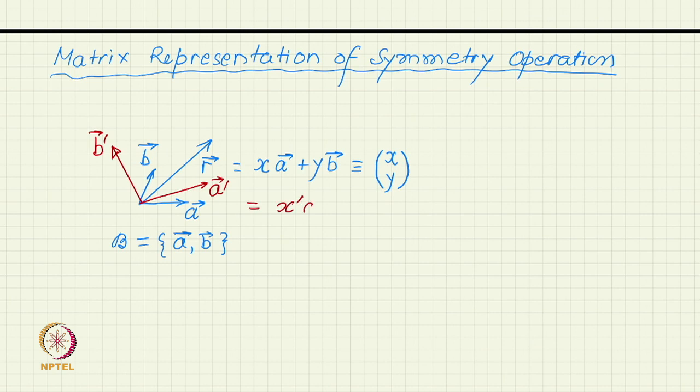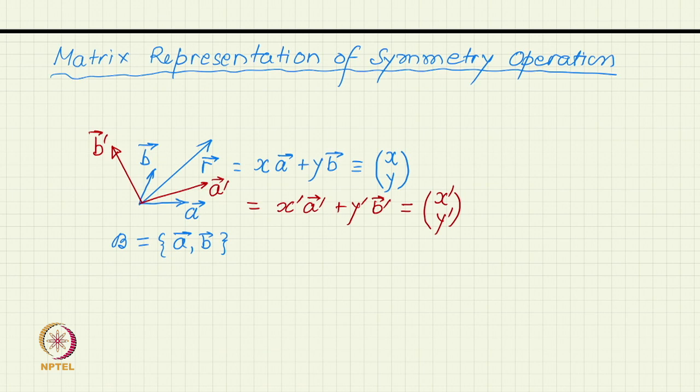It will become x prime A prime plus y prime B prime. That is, the column vector representing it will be x prime and y prime.